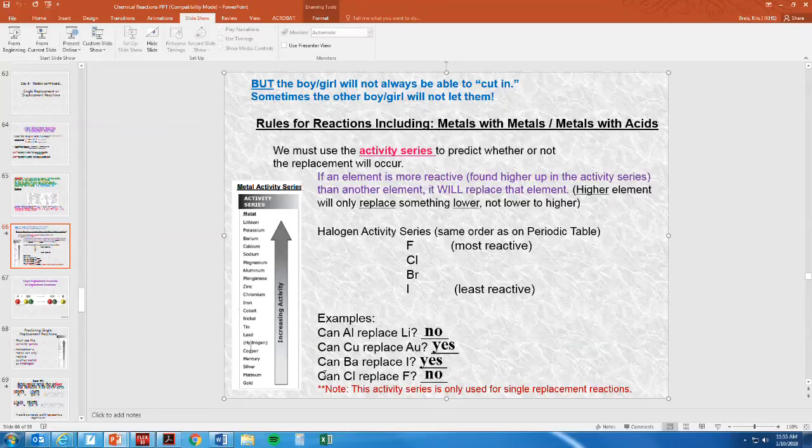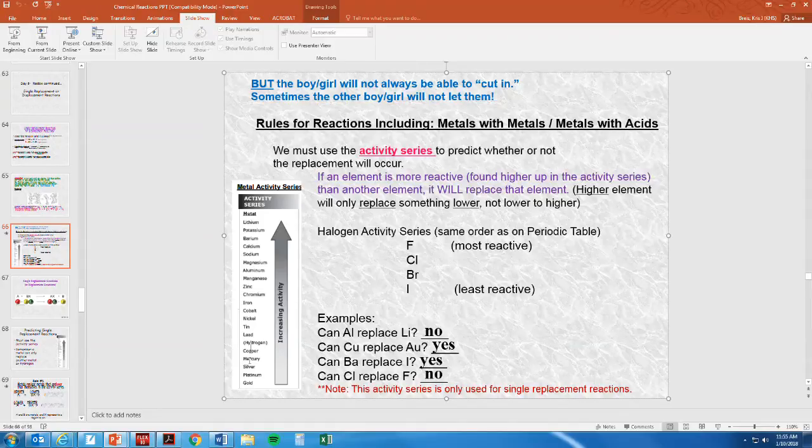Okay, and then barium, is that more reactive than iodine? Can barium replace iodine? Well, barium is right here on our activity series. It's pretty high up there on our activity series. But when we look at iodine, let's take a look.